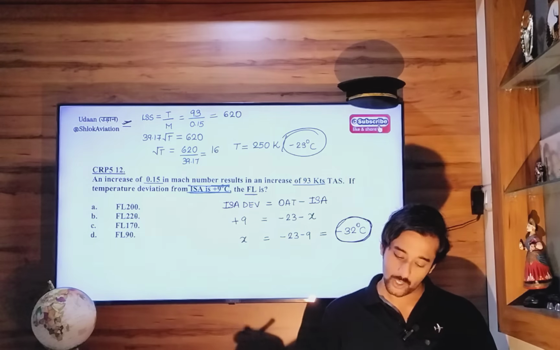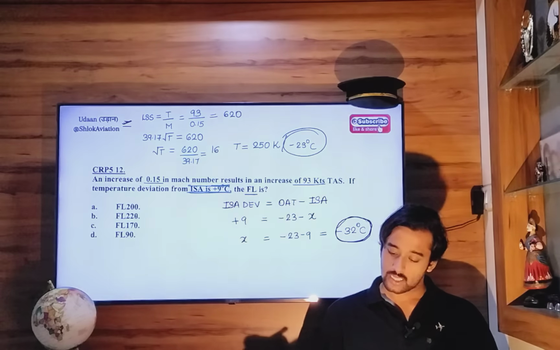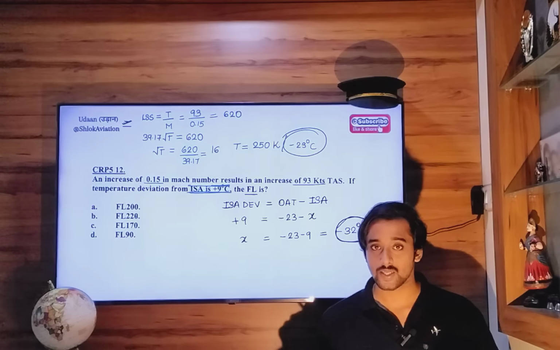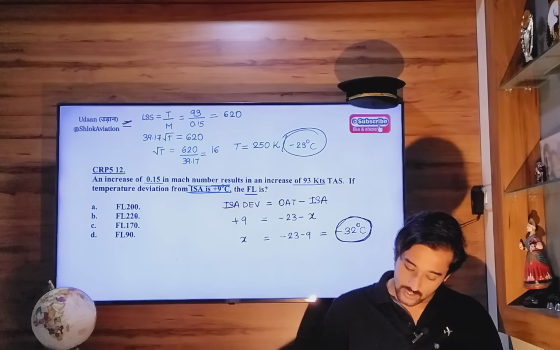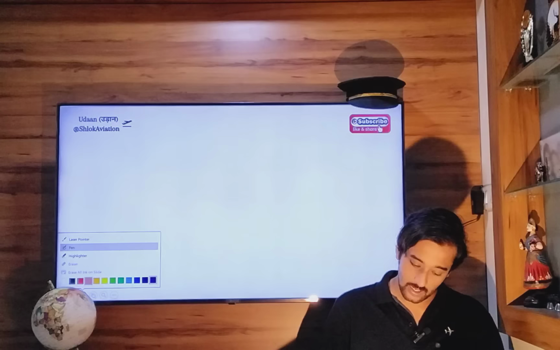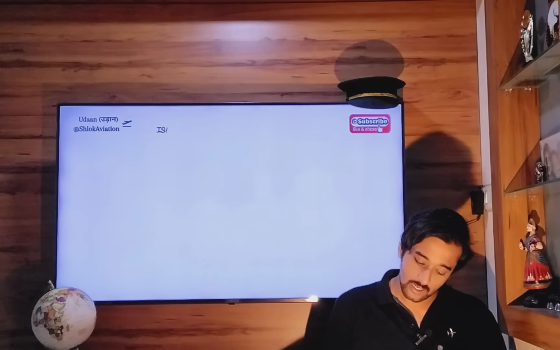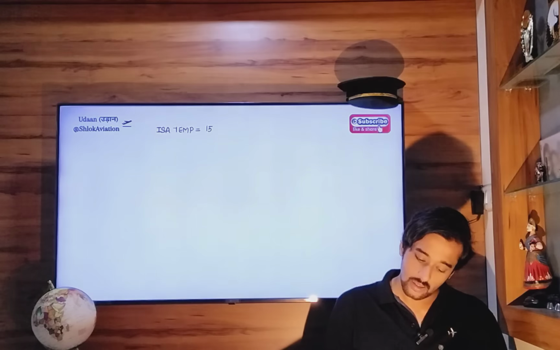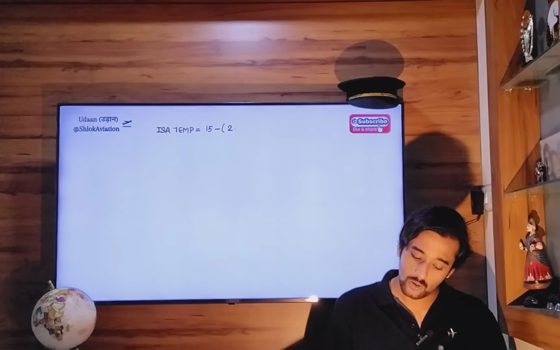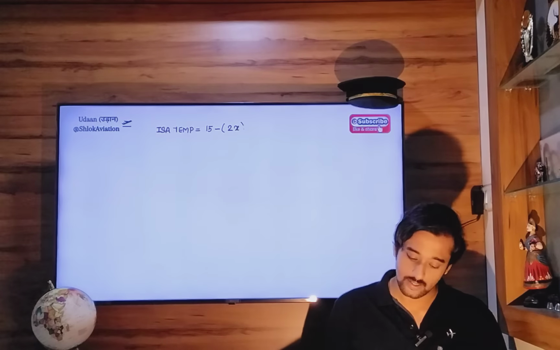Now where do you find this minus 32 degrees Celsius ISA temperature? Use this formula: ISA temperature equals 15 minus 2 into pressure altitude x.